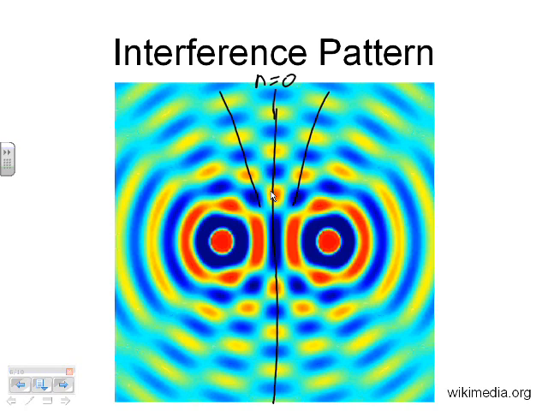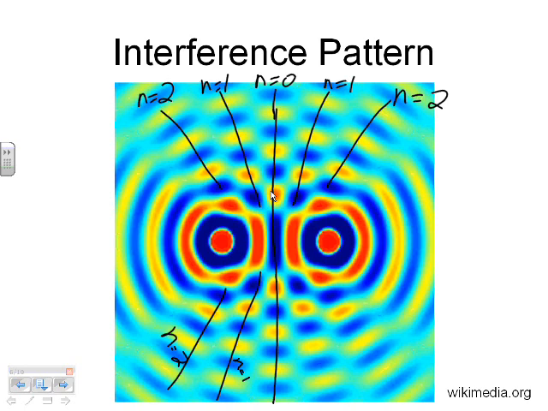That's where n equals 1 on both sides. So that is the central maximum in the middle, first order maximum on each side, second order maximum again beyond that. And then same thing, of course, down here. So those are the maxima, where we have constructive interference.